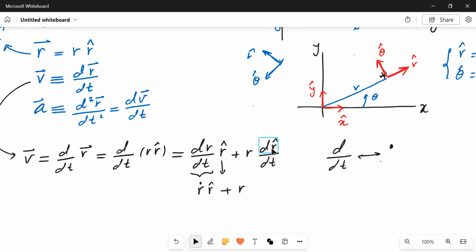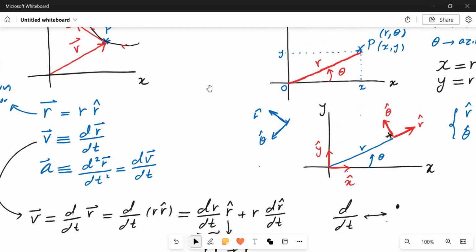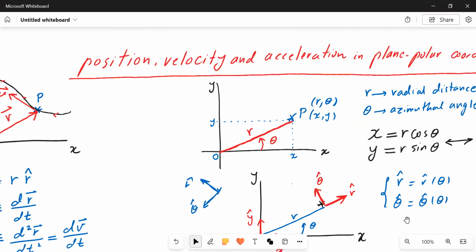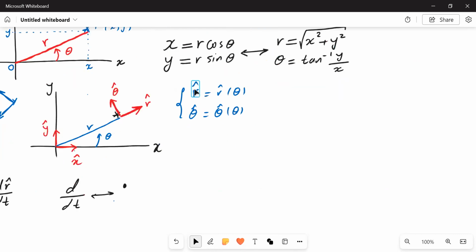I mean, the ultimate independent variable in physics is time. So all the dynamical variables would change in time. So I would like to know how the unit vector in the r direction changes with time. And in order to do that, we have to consider the fact that the r hat unit vector depends on theta.